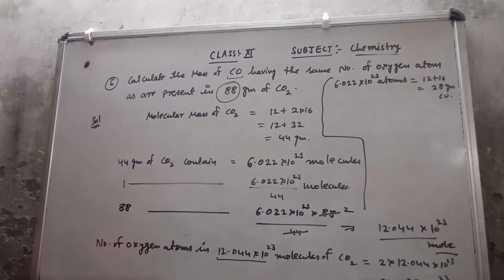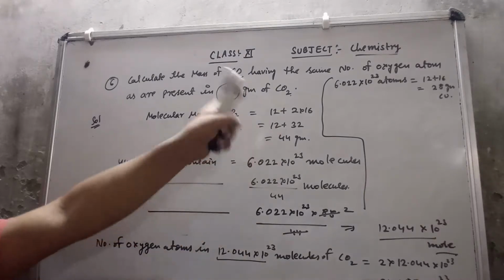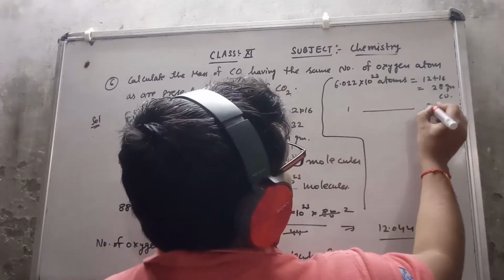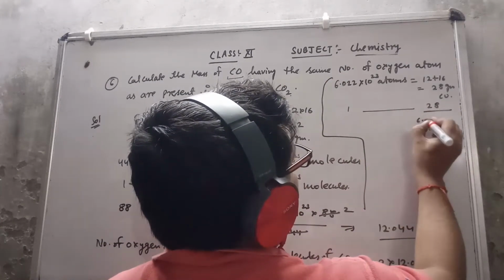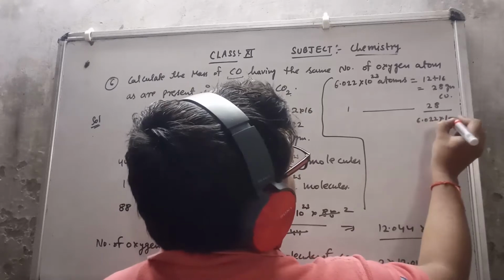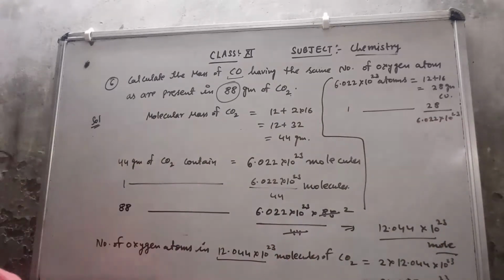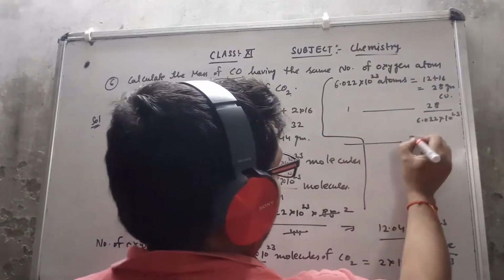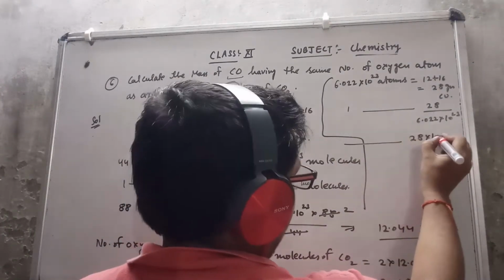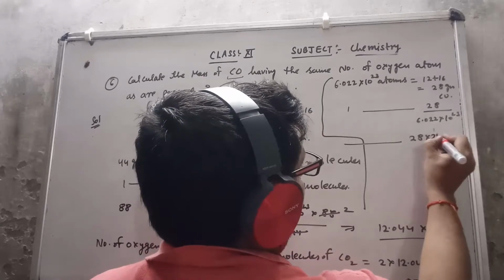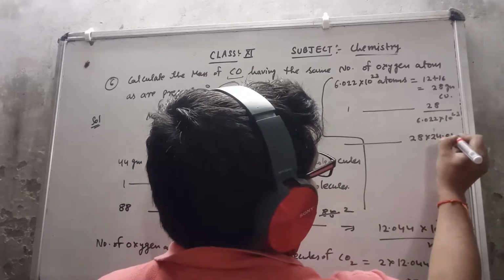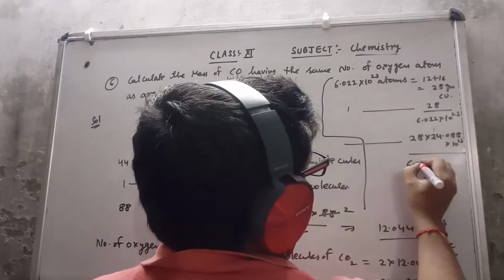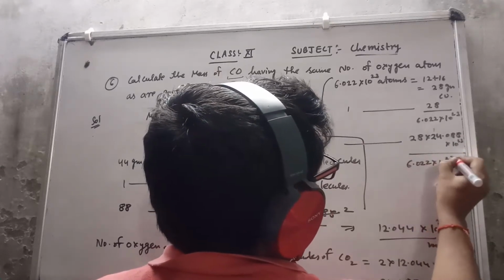So we know that the atomic mass is equal to that much of atoms. If one atom is there, then the mass is 28 upon 6.022 into 10 raised to the power 23. If that much of atoms are there, then this will be 28 multiplied by 24.088 into 10 raised to the power 23 upon 6.022 into 10 raised to the power 23.